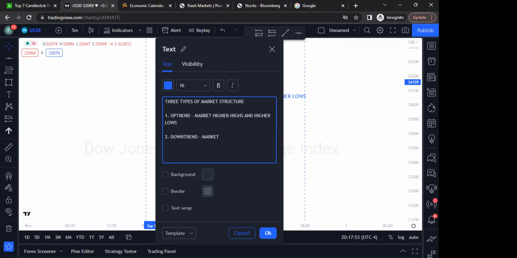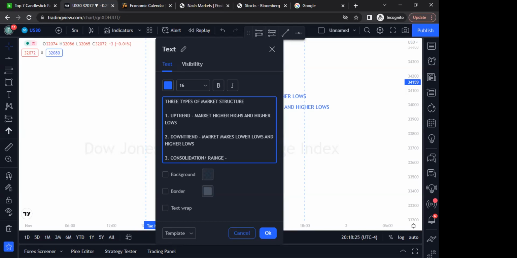So let's see. The third type of market structure is, I like to call it consolidation or ranging markets. Basically, let's see. Ranging markets.